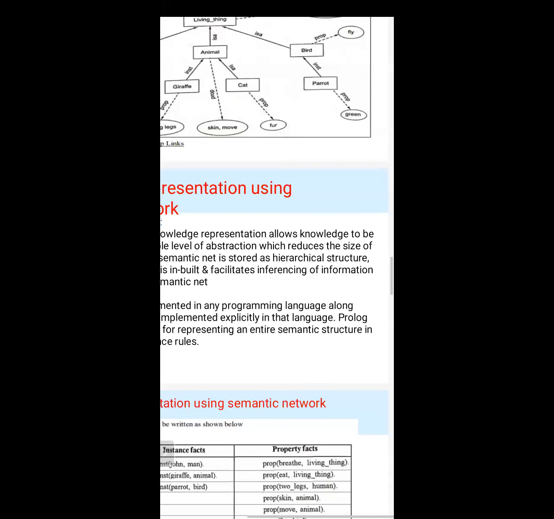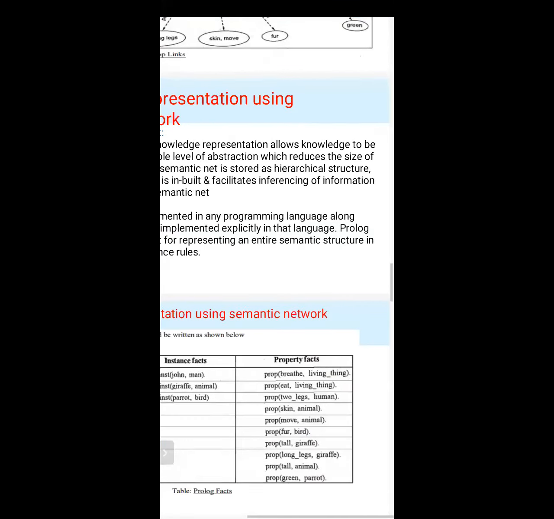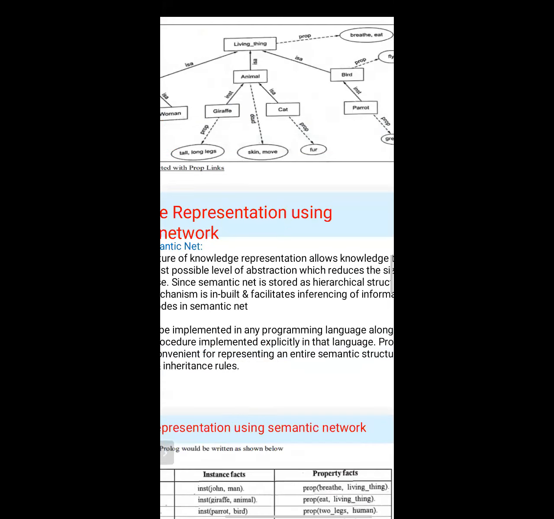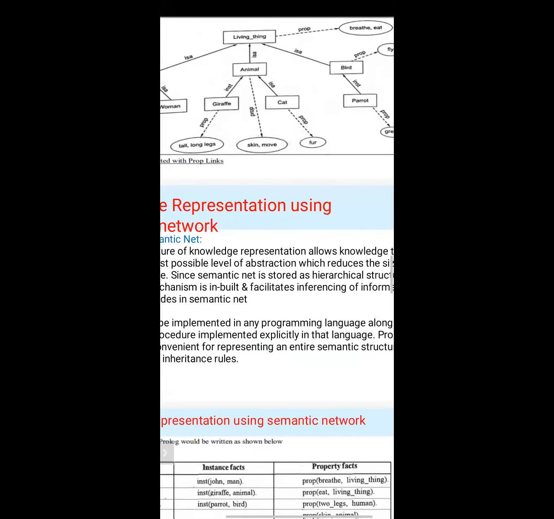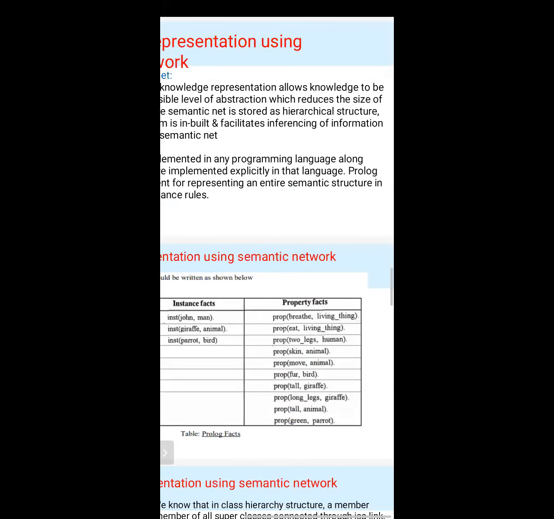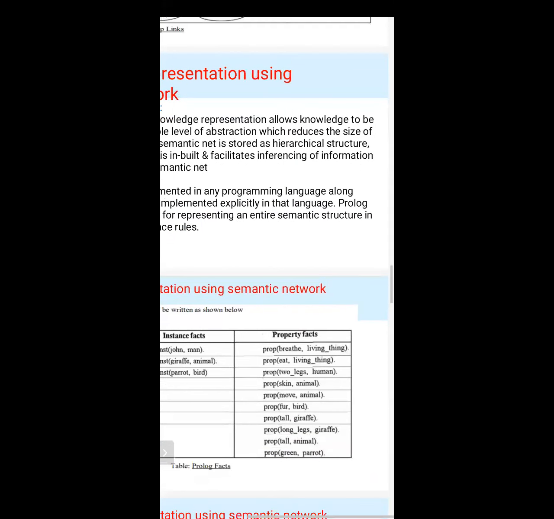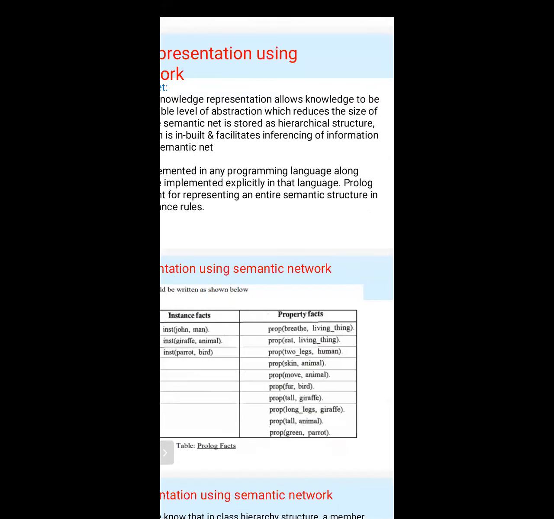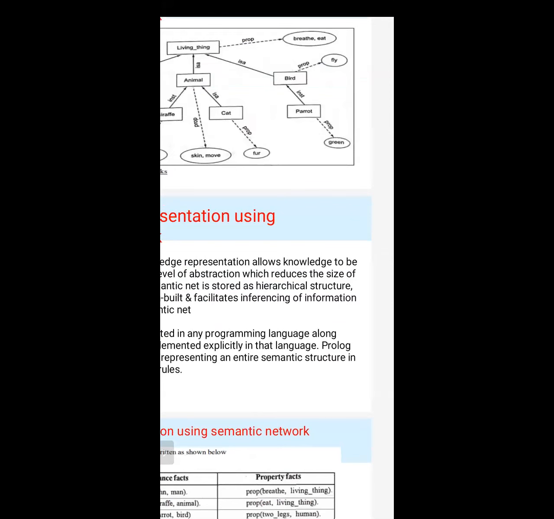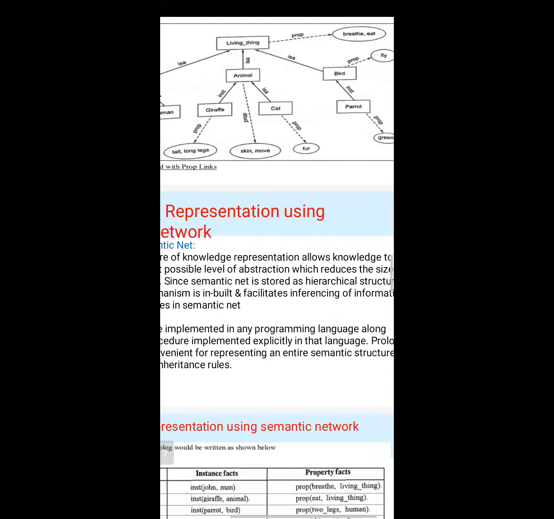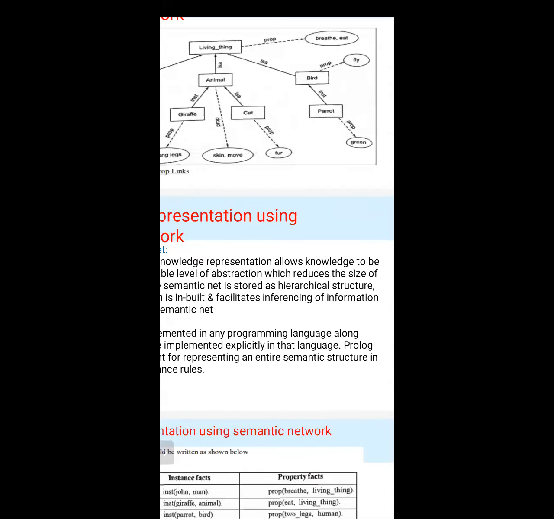So property of fur comma cat. Next one, prop of tall comma giraffe. Prop of long legs comma giraffe. Then prop of fly comma bird. Next one, prop of green comma parrot.